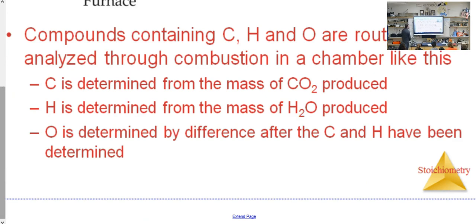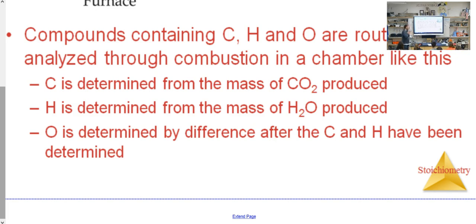So C is determined from the mass of CO2 produced. H is determined from the mass of H2O produced. And O is determined by the difference after the C and H have been determined. We can't just do O math straight up, because remember, to burn it, we also had excess oxygen.